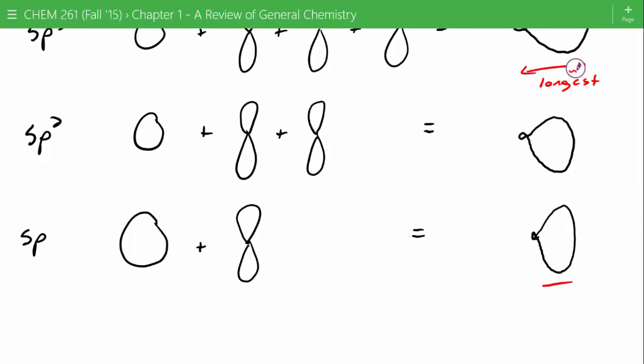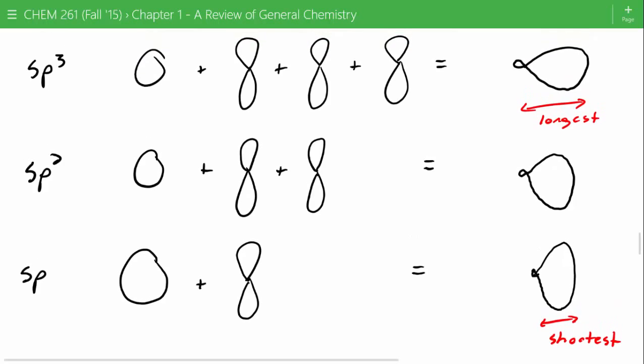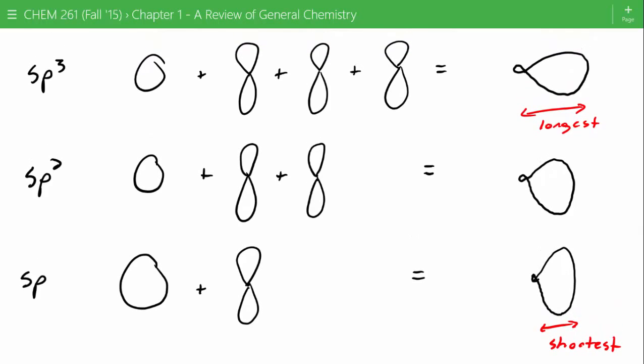This one is our shortest. Does that make sense? So the top one has 75% P character, therefore it's more dumbbell shaped. Though sp is actually 50% s character, so it's a lot stubbier.